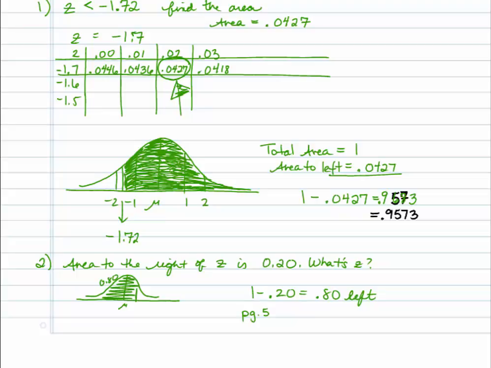So when I'm looking for 0.80, I'm looking for it in the center of the graph, somewhere within the graph. I'm not actually looking for 0.8 in the Z column, although it does kind of end up in that spot.